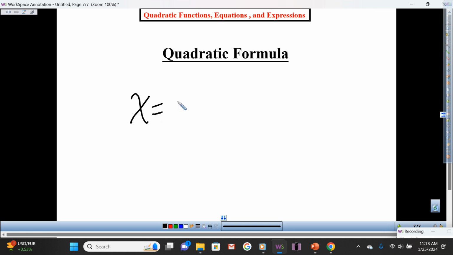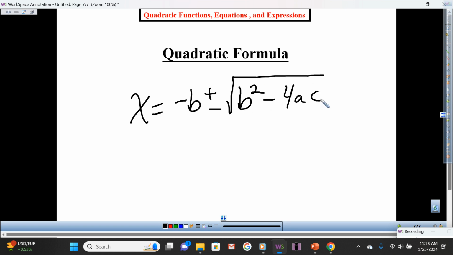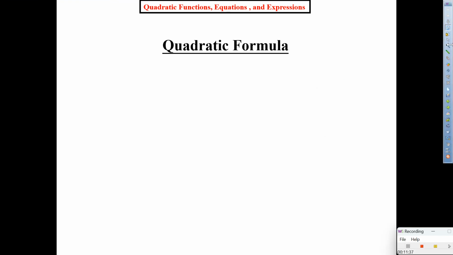X equals... close. Minus b plus minus square root b squared minus 4ac over 2a. So, in today's notes, write it in there again, please.